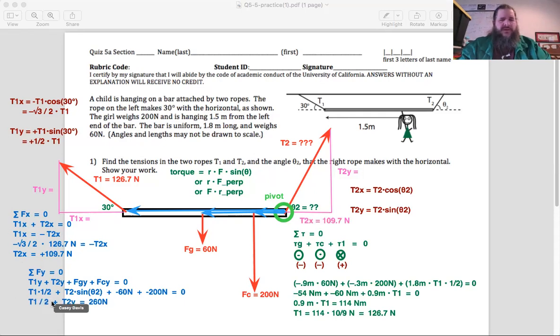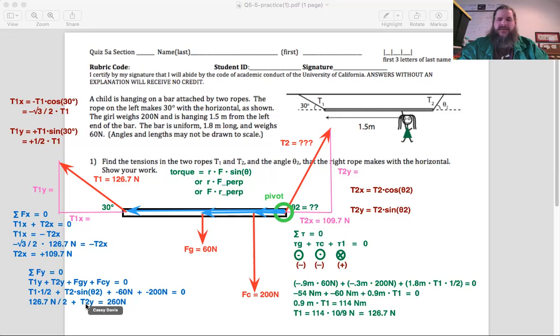And likewise, we can solve for T2y as well, because we know T1, once again, is 126.7. And half of that should be the y component, since sine of 30 is 1/2. So 126.7 newtons over 2 plus T2y, which is unknown, equals 260.